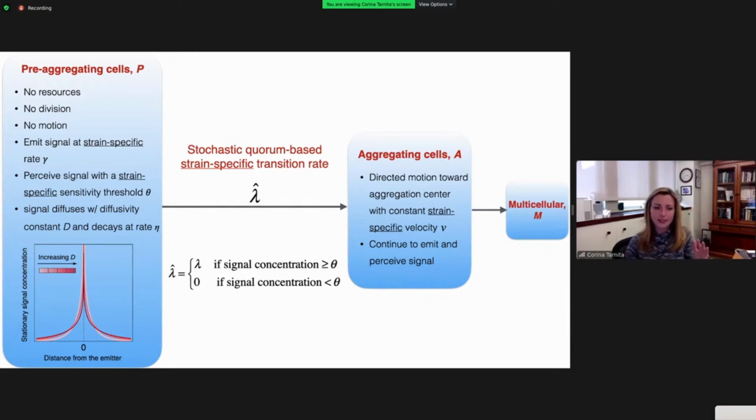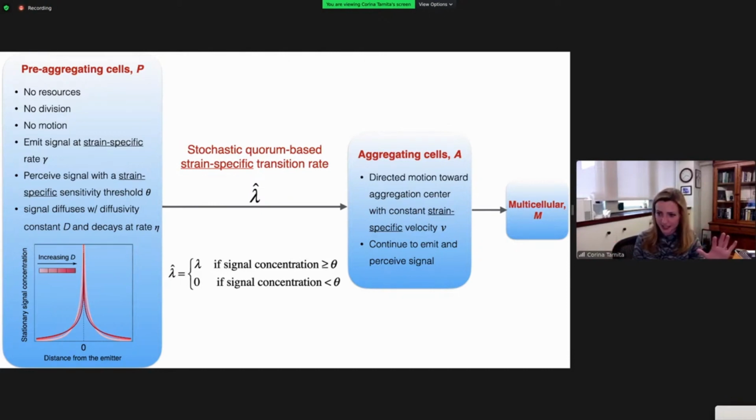And in that state, we're also going to make all sorts of simplifications. We're going to assume that there are no resources, because that's how usually these experiments start anyway, and therefore no division. We're also going to assume no motion of any sorts, and we're going to assume that cells emit a signal. It's a generic signal.